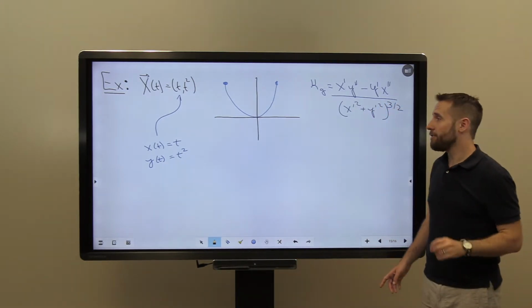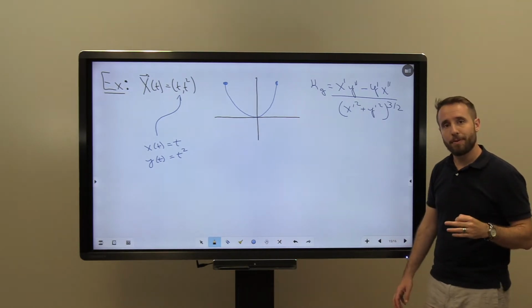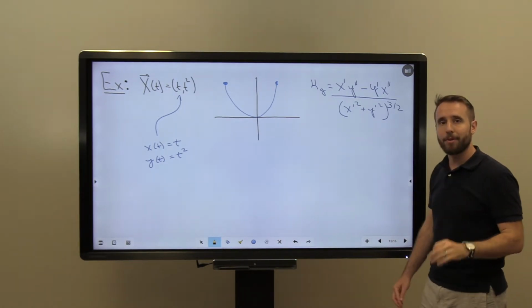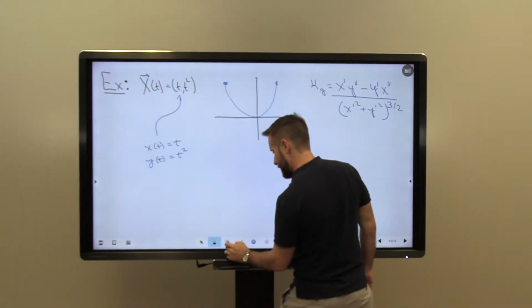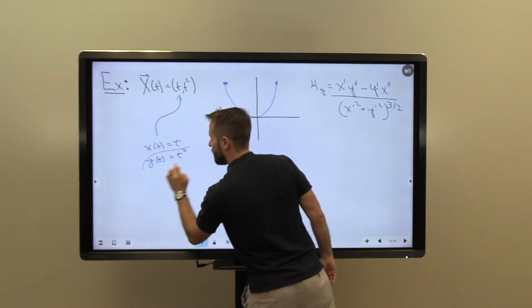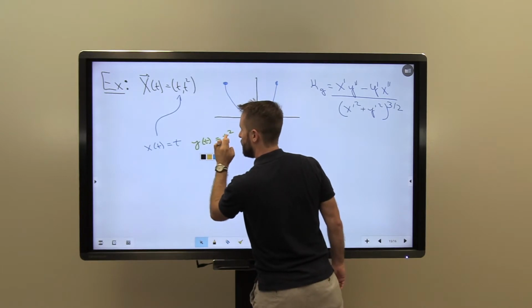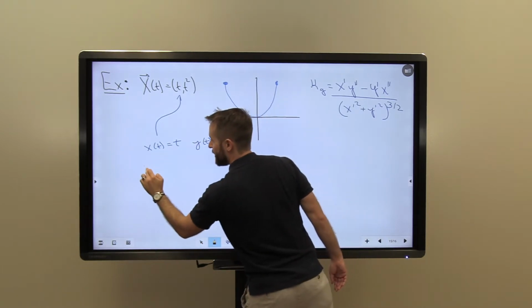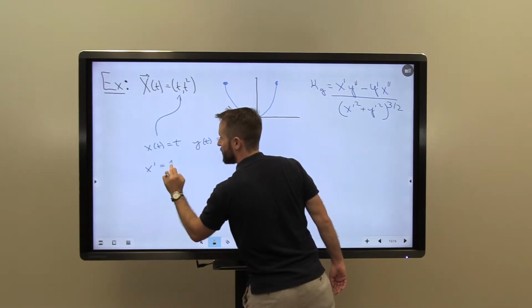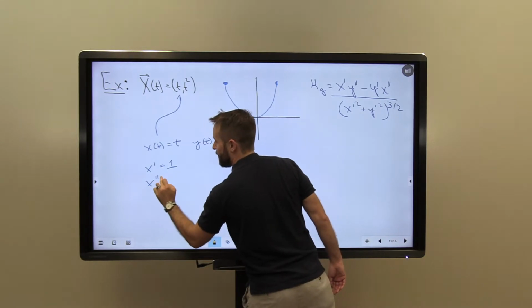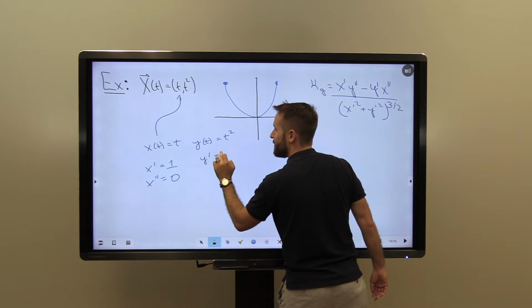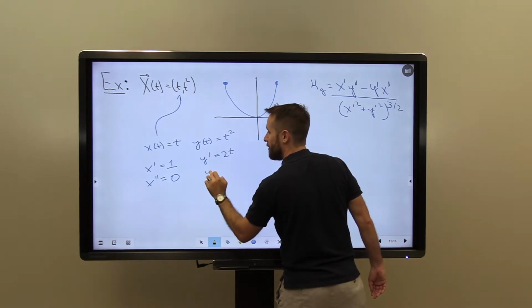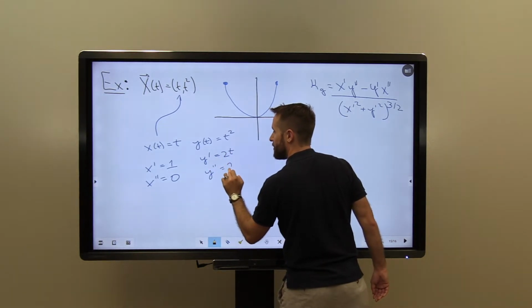So what we need to do is calculate x prime, x double prime, y prime, and y double prime. And luckily in this case, it's not so bad. We'll end up getting that x prime is just equal to 1, x double prime is equal to 0. We'll similarly get that y prime is equal to 2t, y double prime is equal to 2.